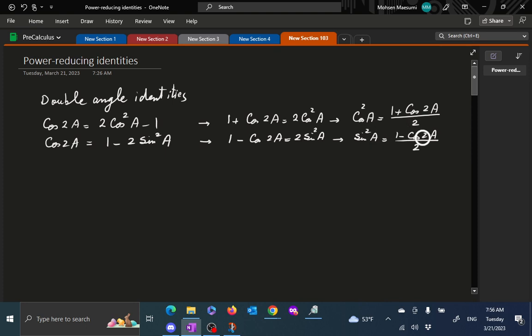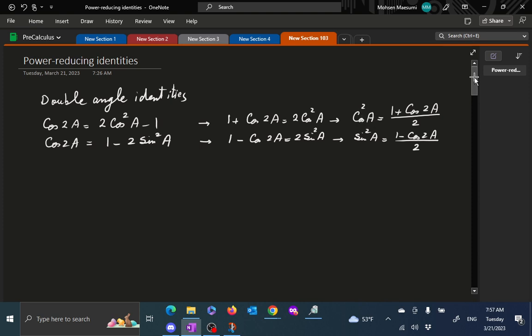Okay, so the most significant formulas in this section are just these two. These are what you're going to be using in your physics and engineering classes, because in alternating current, the voltage is proportional to cosine, power is proportional to square of voltage, so you get this kind of an expression.